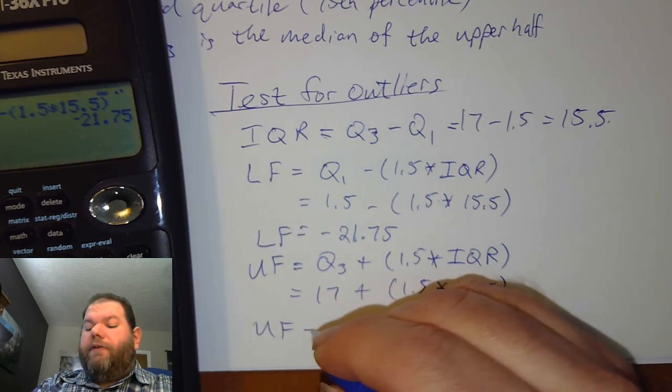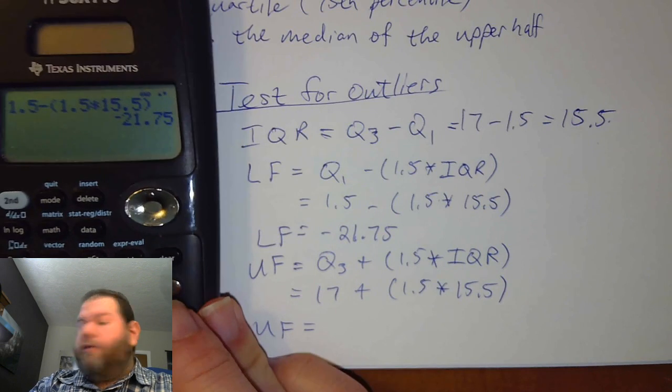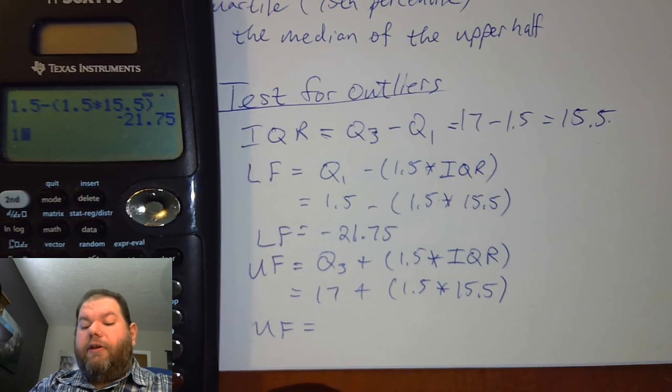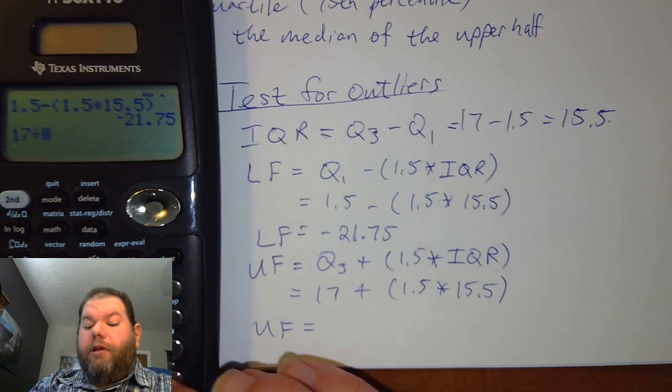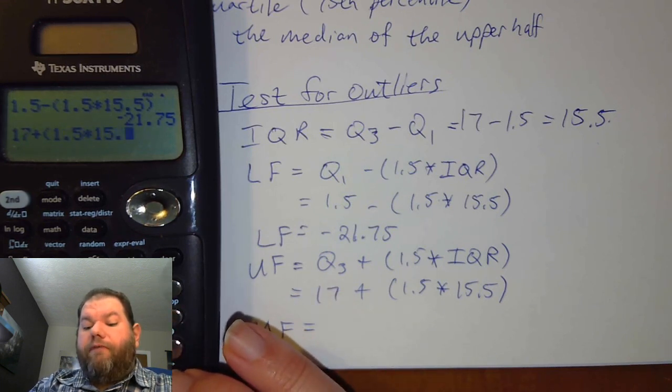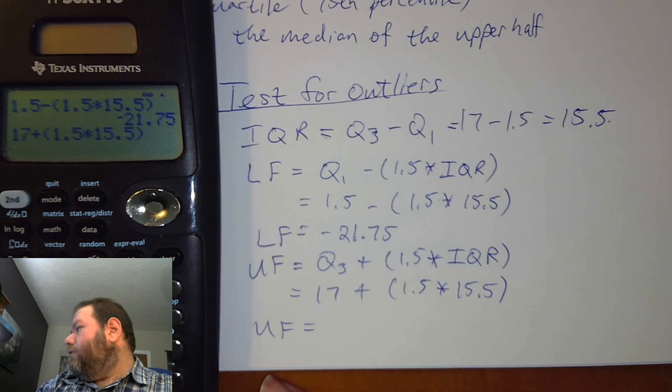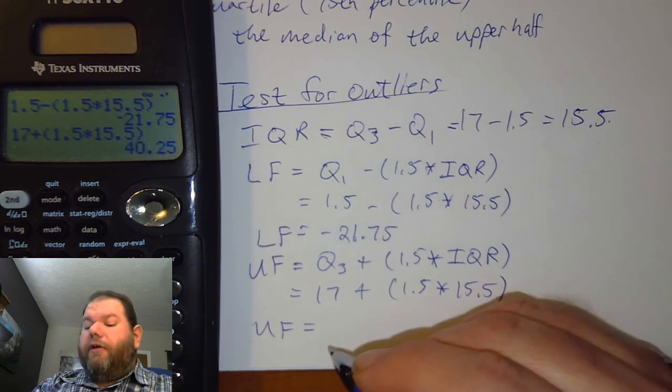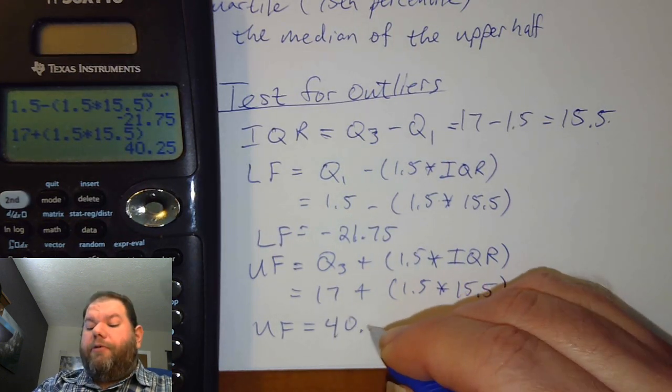So our upper fence is equal to 17 plus parentheses 1.5 times 15.5. And so that gives us an upper fence of 40.25.